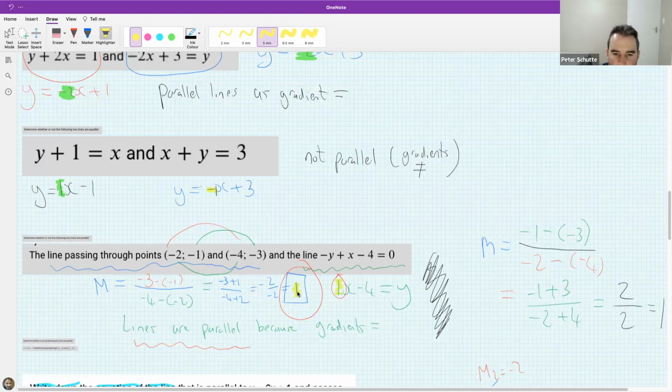So if you look at this bit here, it's not in standard form. If you have to put it in standard form, all you need to do is move this y to the other side, and then it becomes x minus 4 equals y. Is this the question you're asking about?